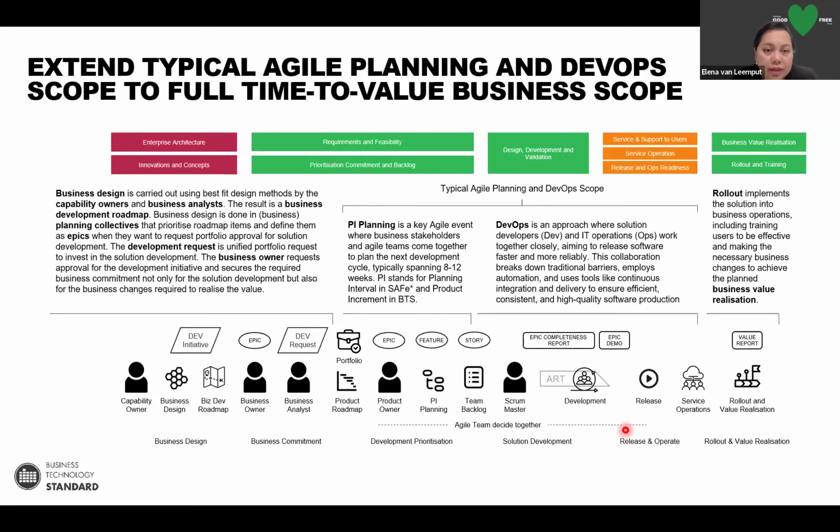Then after that, the development takes place. So you would develop, release and operate, and then it's ready for business value realization and rollout. So that's how essentially we consider the end-to-end, extending from the business planning and design into all the rollouts and so on.